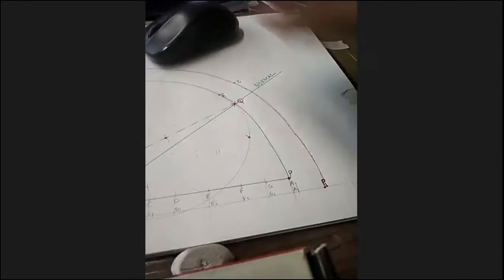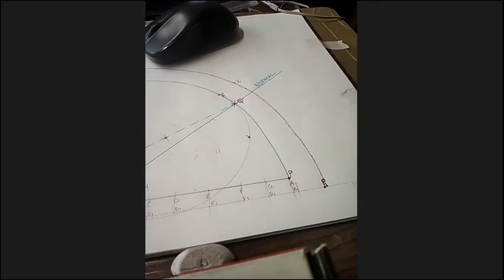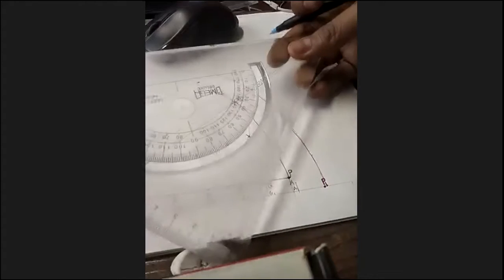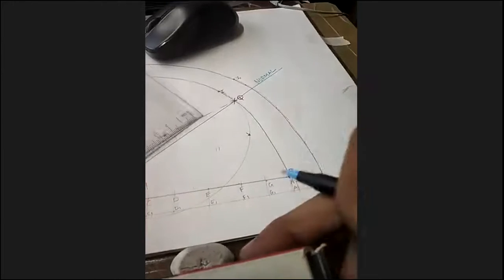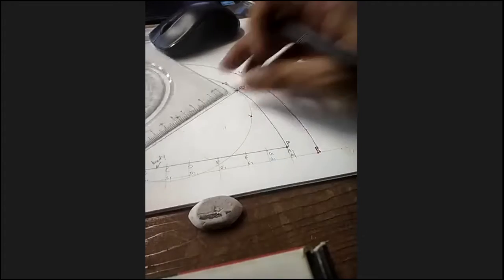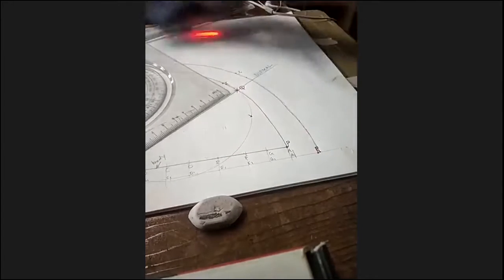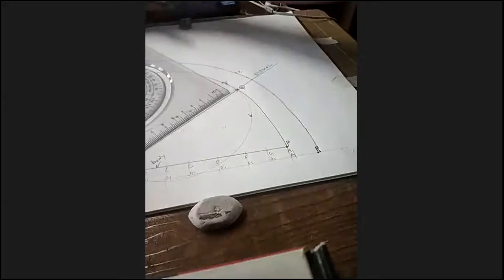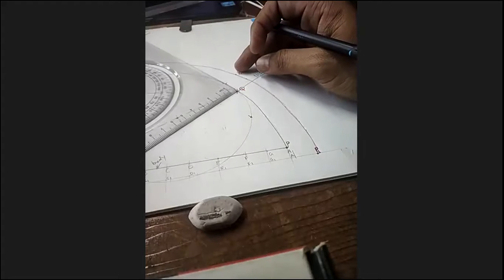How will I draw it? Drafter is also not required every time. I am having these also. So I'll put that thing like this and I will intersect, make that at this point.